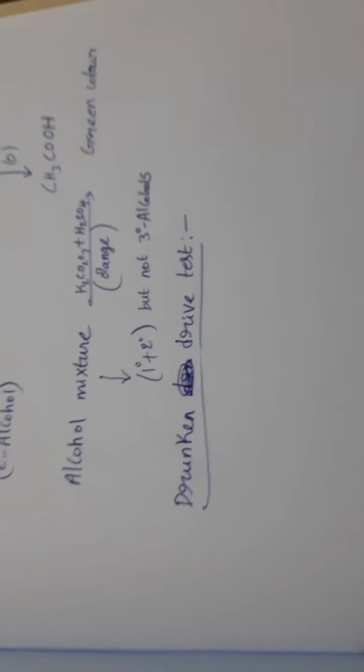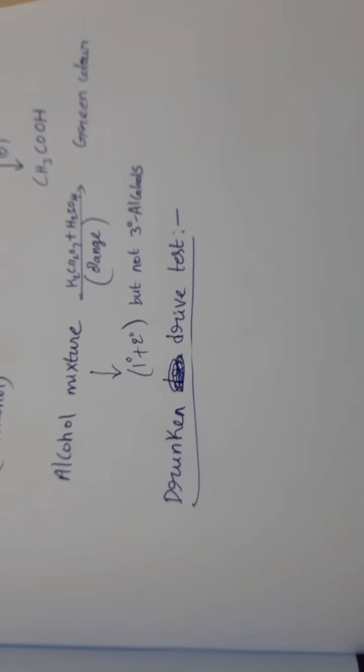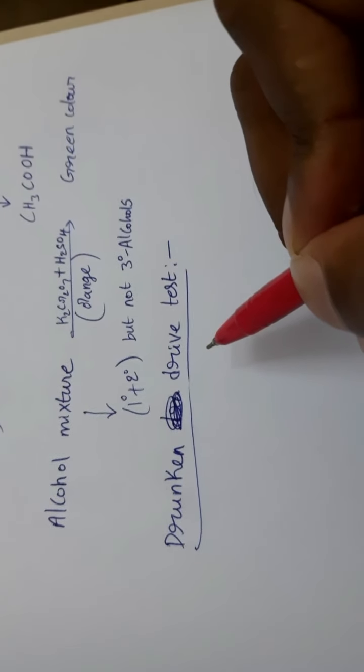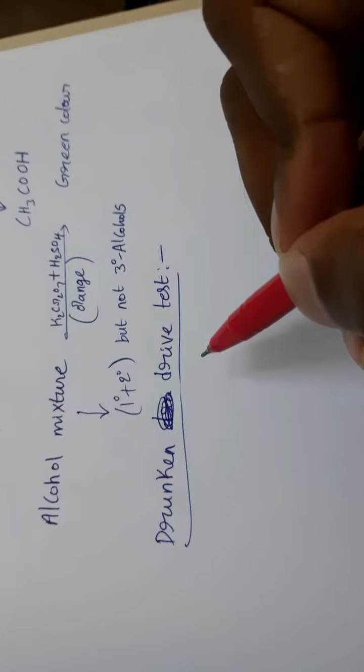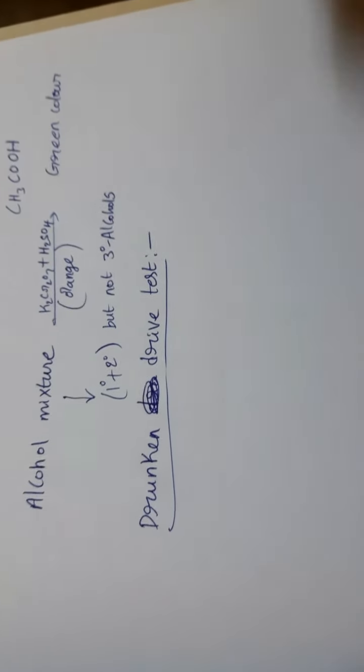In this test, we use K2Cr2O7. Do you know this? Yes, in this test, potassium dichromate is used. What is this test? How this K2Cr2O7 is useful for this test? Say this one.